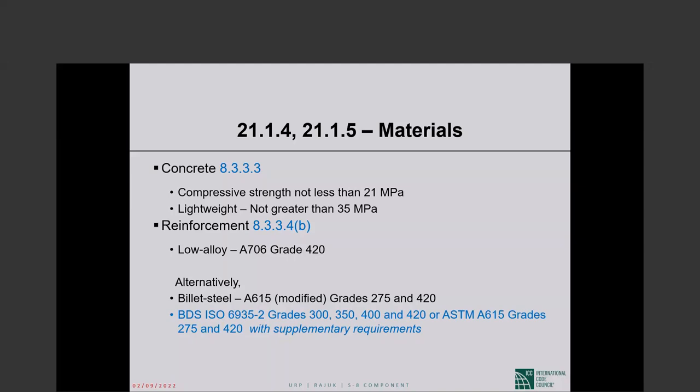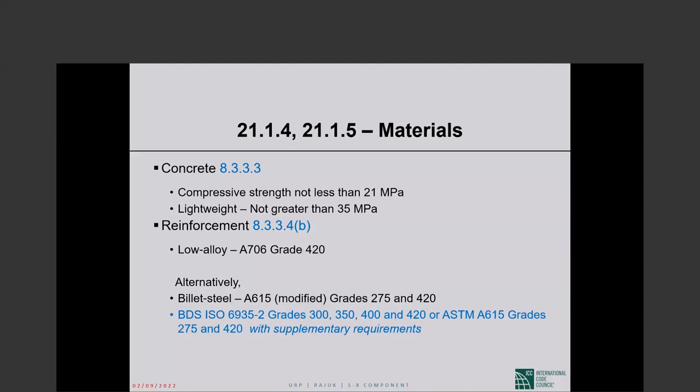Reinforcement, the so-called weldable steel A706 is definitely the preferred kind. That comes only in grade 420, not anymore. Now we have 80 KSI and 100 KSI, but I wouldn't go there.